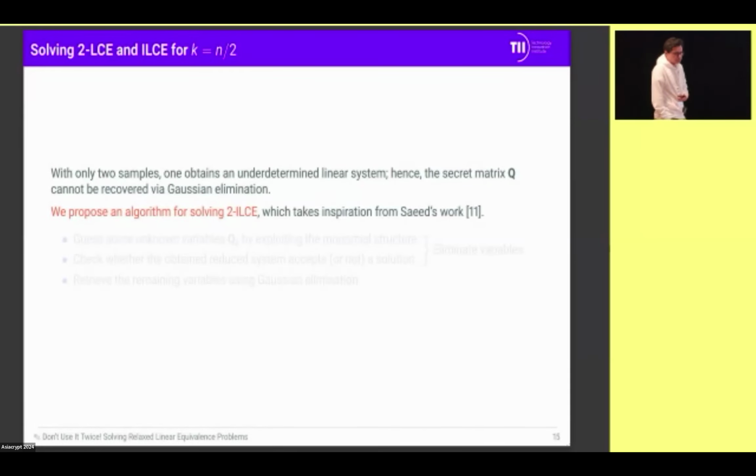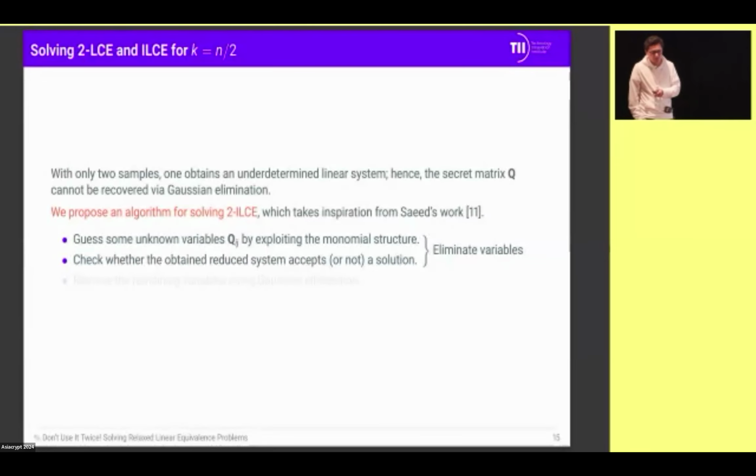But we came up with an algorithm for solving this, and also for 2 LC and ILC. The algorithm takes inspiration from Said's work. It's a PhD thesis that analyzed pretty well the algorithms for attacking linear code equivalence and permutation code equivalence, but it was more focused only on permutations.